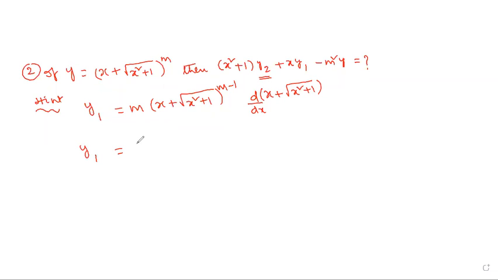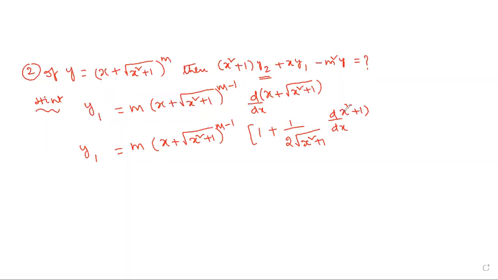Y1 is equal to m into (x plus root over x square plus 1) whole power of m minus 1, by the chain rule. X derivative is 1, and the root standard formula is 1 by 2 root over the second function, x square plus 1, but the second function is not a single x, that's why derivative of the second function by the chain rule.